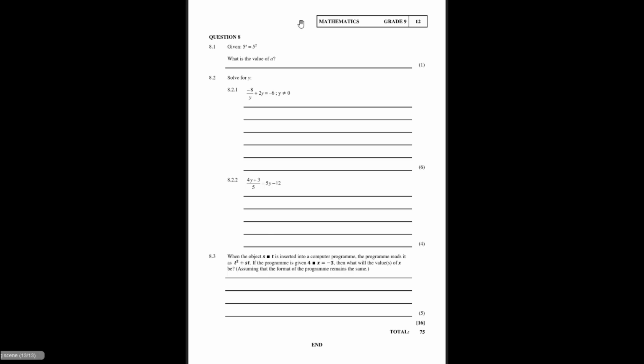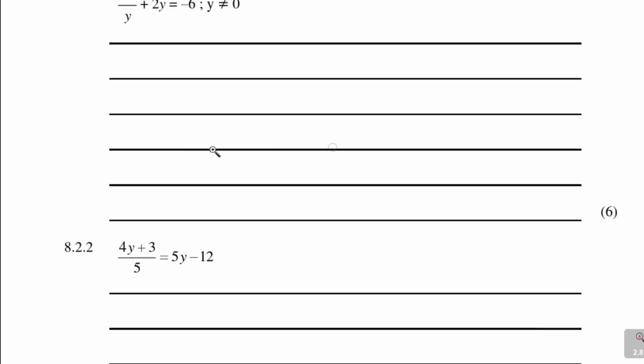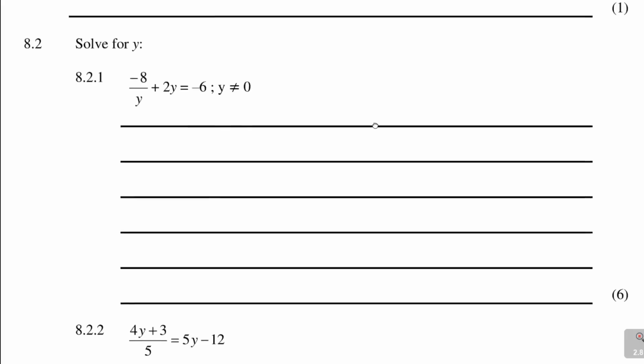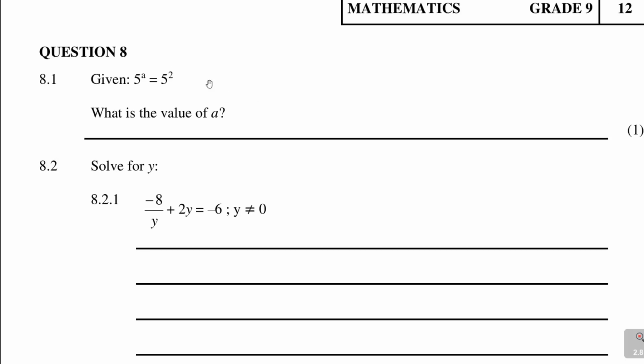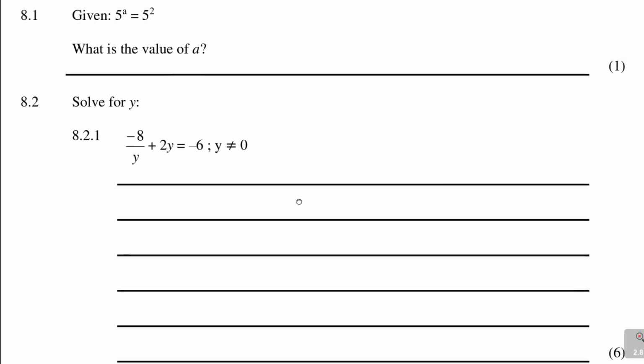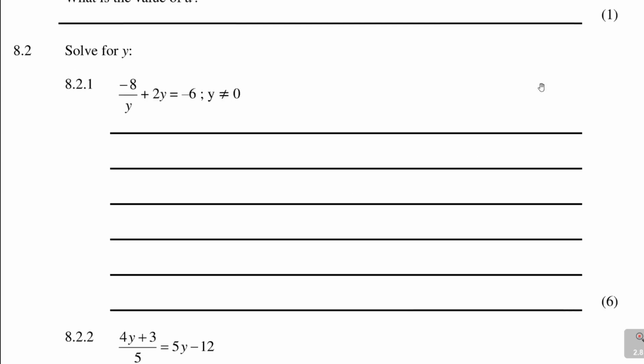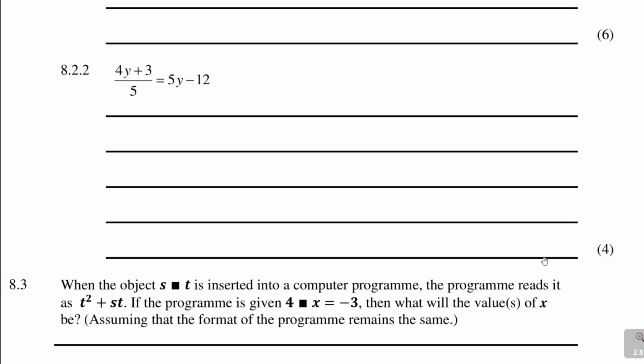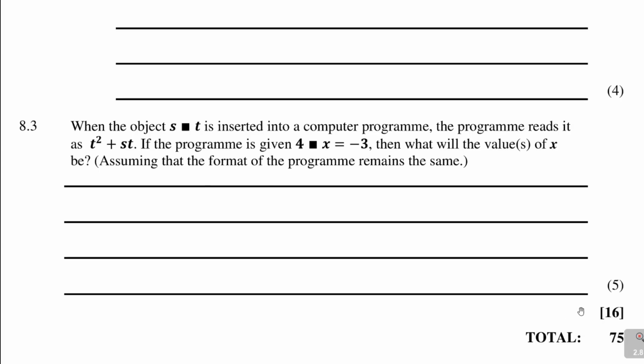And then the last one becoming question 8. Now guys, because of the length of these videos, apologies, I have to do part 3 now. Already the video is very long. I have to do part 3 where I do question 8. And look at question 8, it's still equations because it's going to take a bit of time. This is going to be 1 mark, and then there is 6 marks, 4 marks, and 5 marks, 16 marks.